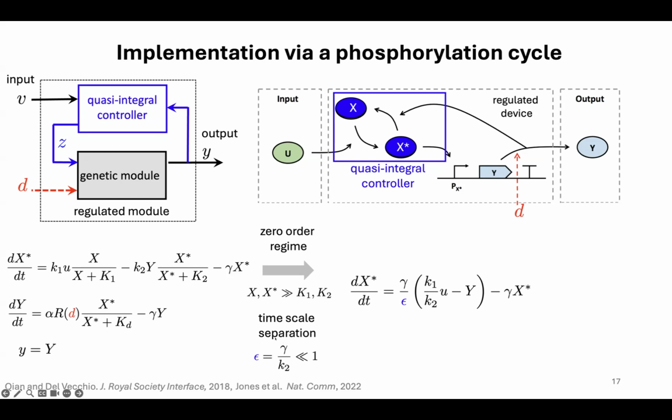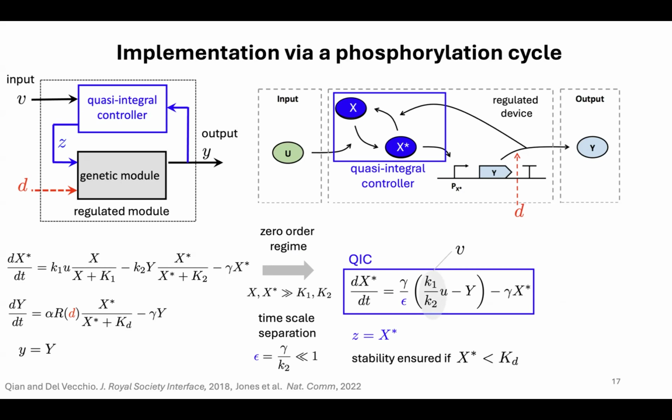It's the ratio between the decay rate, proportional to dilution, and the rate of the phosphorylation reactions, which typically is much faster. Then you have this form on the right-hand side, and if you call V the reference input, the ratio of K1, K2, which are the two catalytic rates of the two modifications, then you see the quasi-integral control structure. And your quasi-integral variable is Z, which is the concentration of X star.